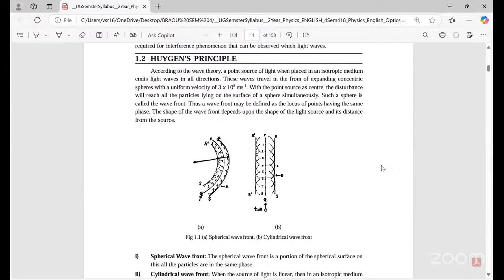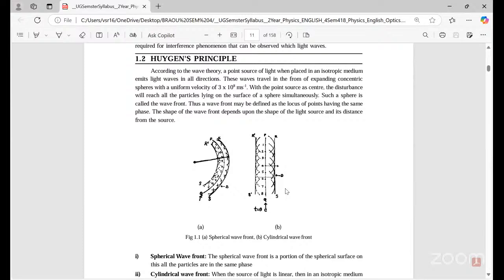These waves travel in the form of expanding concentric spheres with a uniform velocity of 3 into 10 power 8. You can see here, this is the spherical wavefront, and this is the cylindrical wavefront.